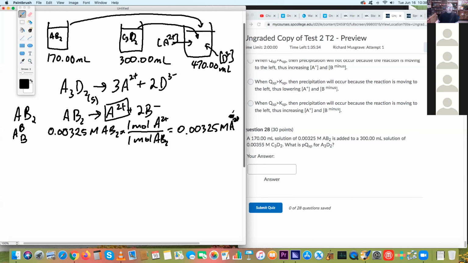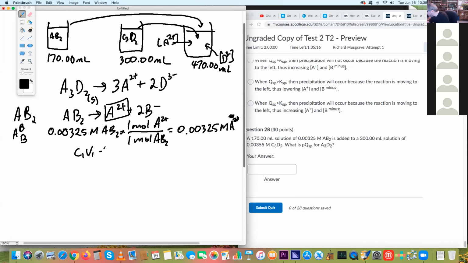Now, had it been A2B or something, and we'll see an example of that when we're looking at D, then yes, we would have to multiply it by 2. But for this one, it is just going to be the same. So that's the concentration of A2 plus in the initial solution, but then we need to look at the dilution.